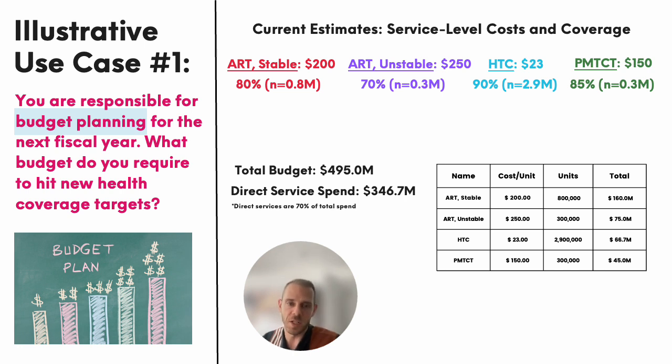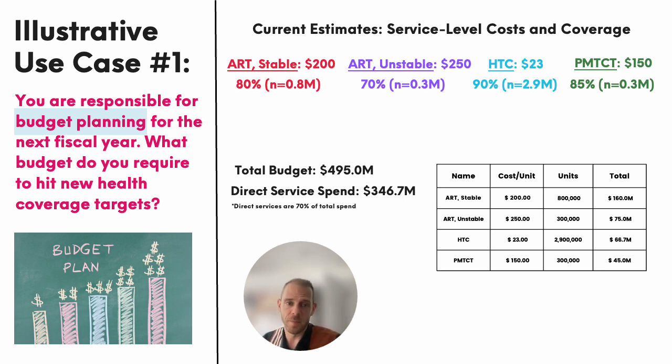And for 80% coverage, that's reaching about 0.8 million individuals. We could also look at, for example, HIV testing and counseling is about $23 per counseling session, and 90% coverage on that would be reaching 2.9 million individuals.